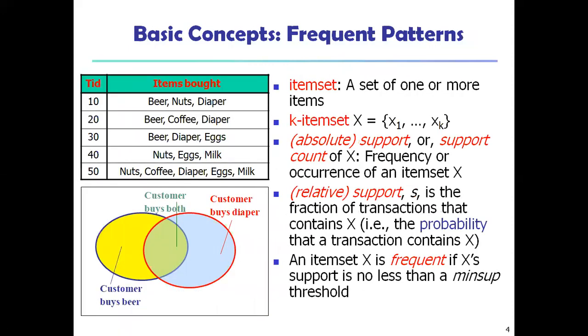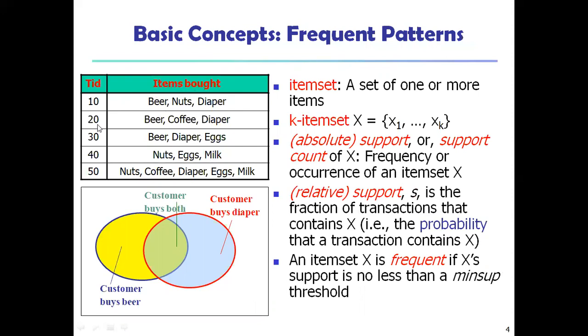So if you take an example as a basic concept, you see here there are 5 transactions: 1, 2, 3, 4 and 5. You see the items bought in each transaction. They have given a number for each transaction. In transaction 10, the items bought are beer, nuts and diaper.